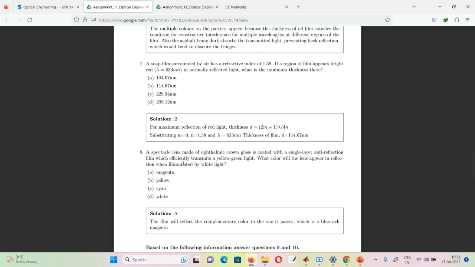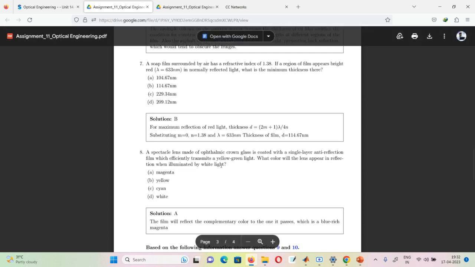What is meant by efficiently transmitting yellow green light? It will not allow yellow green light to reflect. It will completely transmit that yellow green light, that is the middle portion of your normal white spectrum. What color will the lens appear in reflection when illuminated by white light?